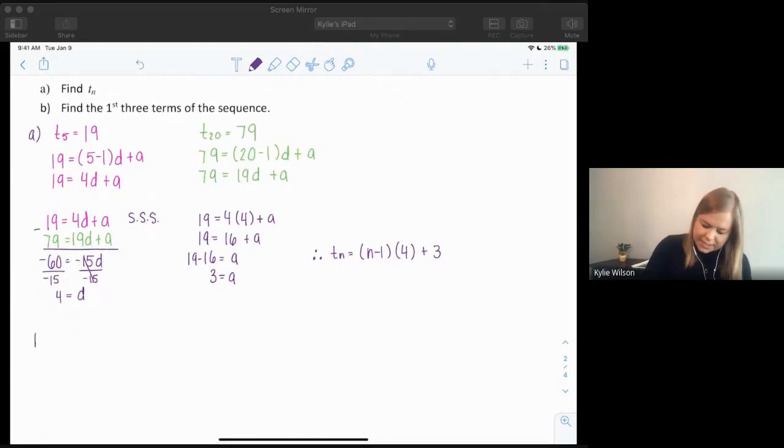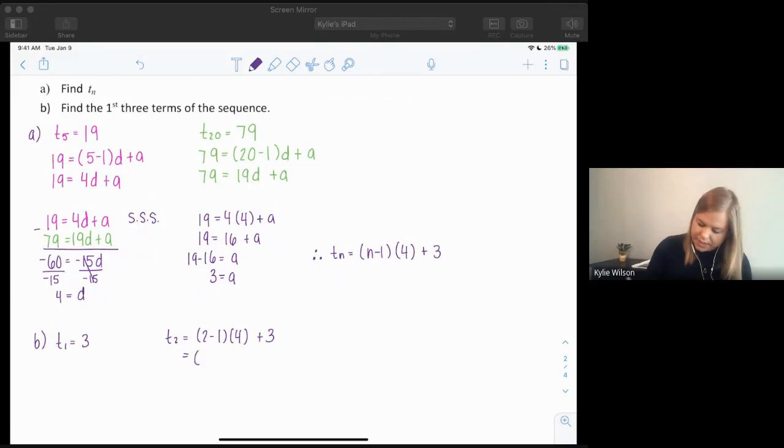Part B asks us to find the first 3 terms of our sequence. So our first term is just our a value, so we can go straight to 3. If you were to sub in 1 for this equation, you would have ended up with 3 anyways. So if you forgot that our a value is our first term, you'll still get the right answer no matter what. For T2, our second term, we're just going to sub in 2 for our n value.